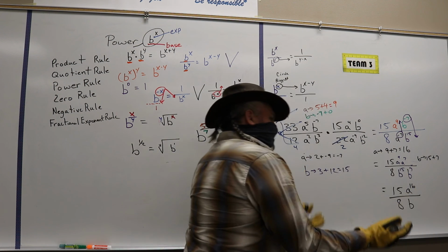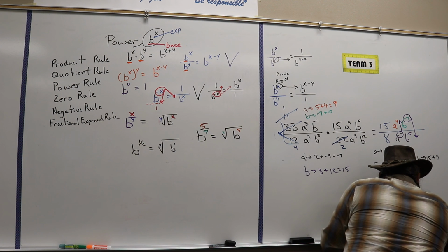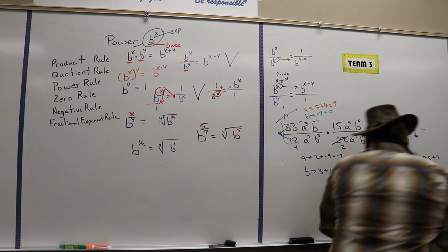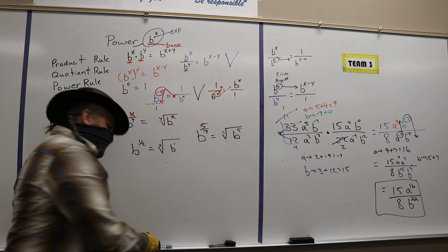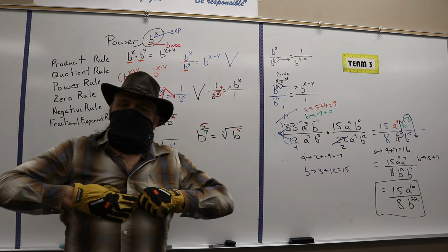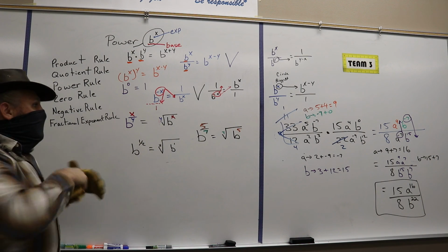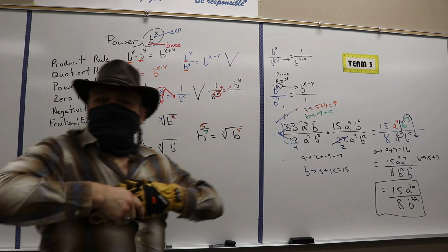And so that's 22. Okay? It's a nice, easy, fast, fun way of doing your power rules.